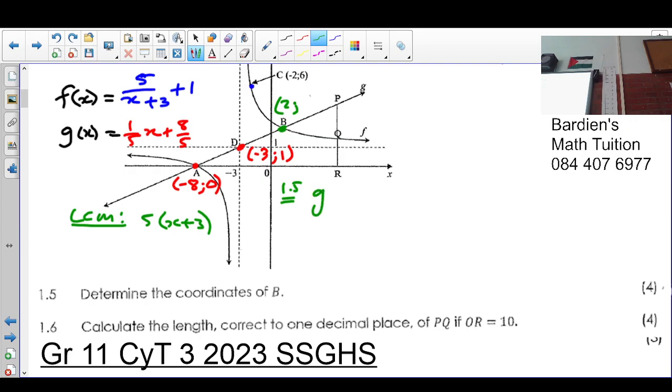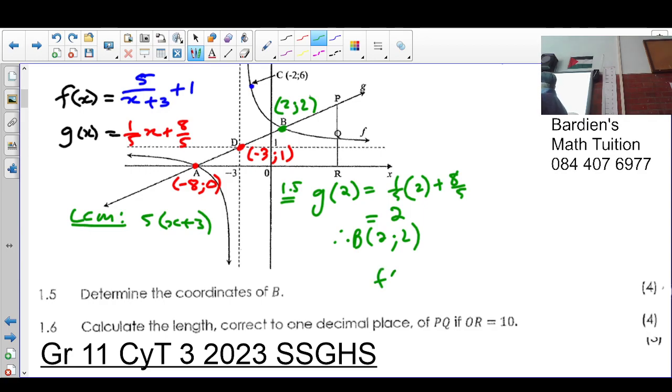So I'm going to say g of 2 equals 1 over 5 times 2 plus 8 over 5, which is 10 over 5, which is 2. If I'd gone with f of 2, it's going to be 5 over 2 plus 3, 2 plus 3 is 5, so 5 over 5 is 1, and 1 plus 1 is 2. I would have gotten 2 anyway. Okay? Any one of the two should have gotten you the mark. So B is 2 and 2.